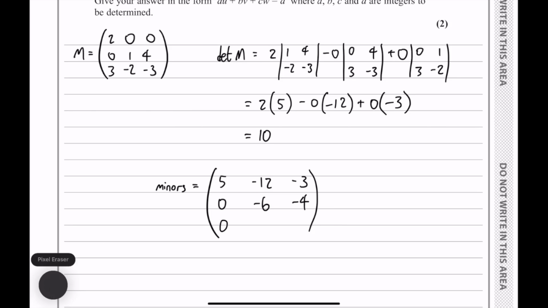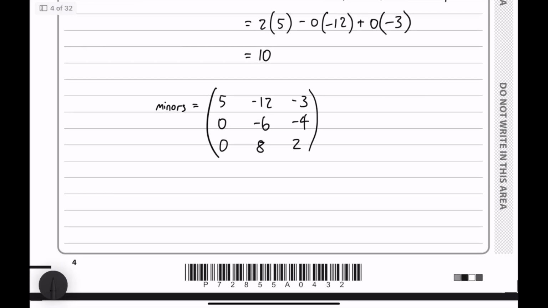Now for this one, that gives me 2 times 4 is 8, minus 0 times 0, so that's 8. And the final element here, minus 3, would give me a 2 times a 1 minus 0, so that's a 2. So this is my matrix of minors, and I need to apply the cofactors change of signs, and that's this.